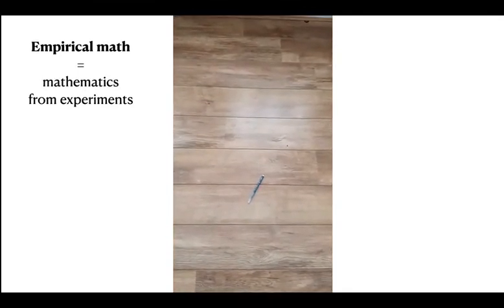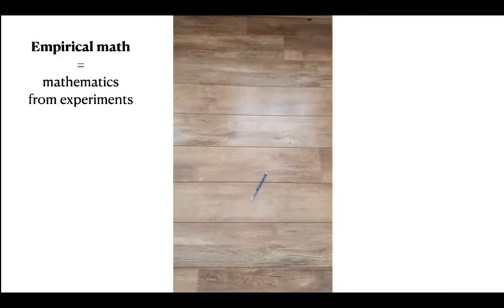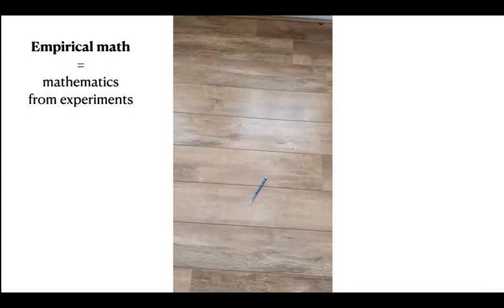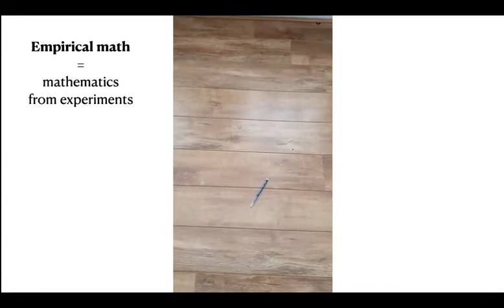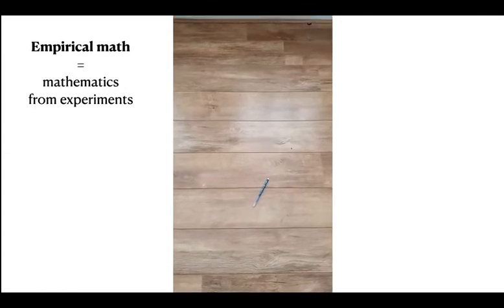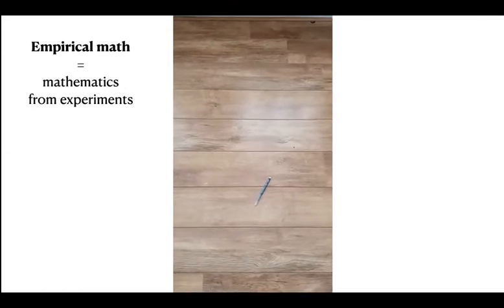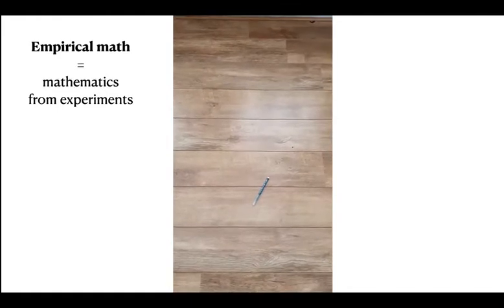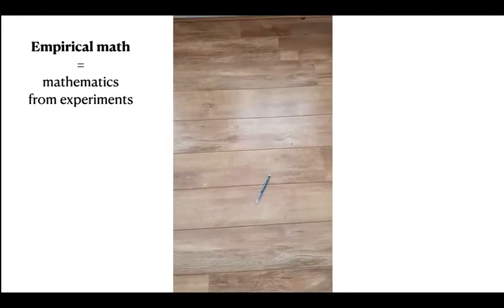Now, in principle, we need to repeat this experiment at least 1,000 times, and take the ratio of the number of times we get a 1 to the total number of times we dropped the pen.